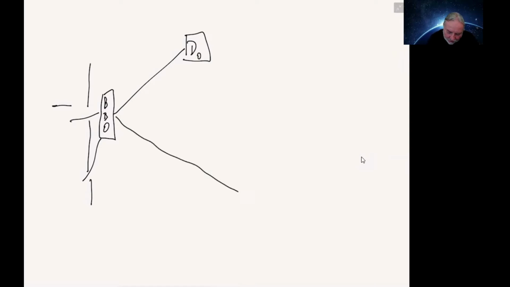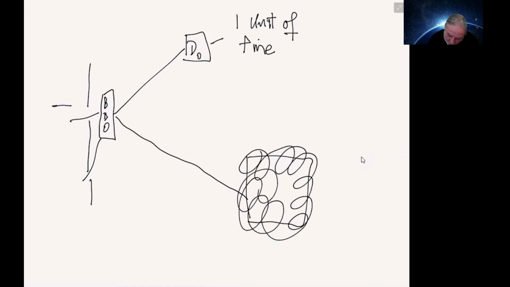What I should say is that this takes 1 unit of time. It can be an absolute nanosecond. The other one, its entangled brother, partner, sister, goes through a web of beam splitters and mirrors, and it completely obfuscates the path that photon takes.